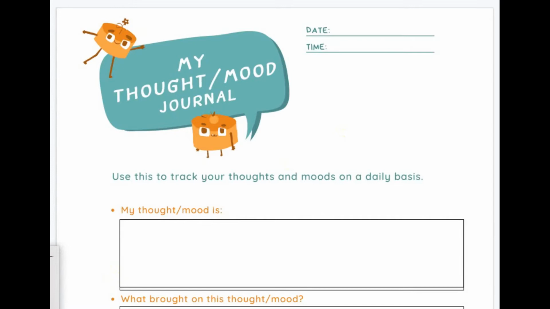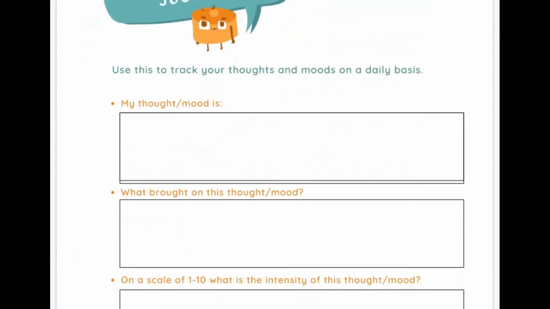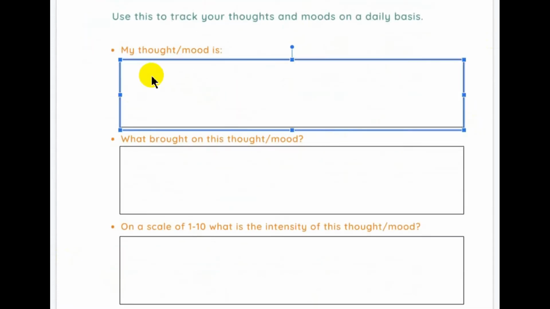All right, so this is the thought journal. I'll take you through it really quick and give an example filling it out myself. Up here, you can obviously do the date and time. But moving down, you're going to start with your initial thought and put down what your thought or the mood is.